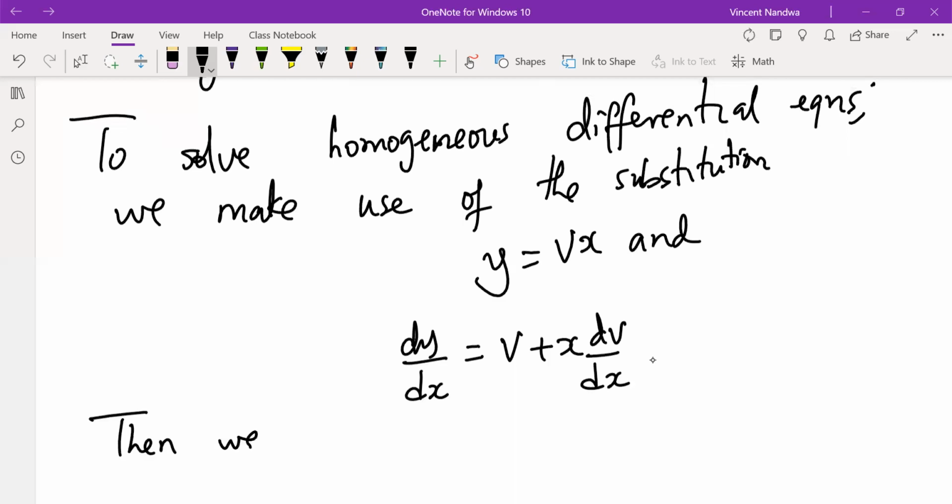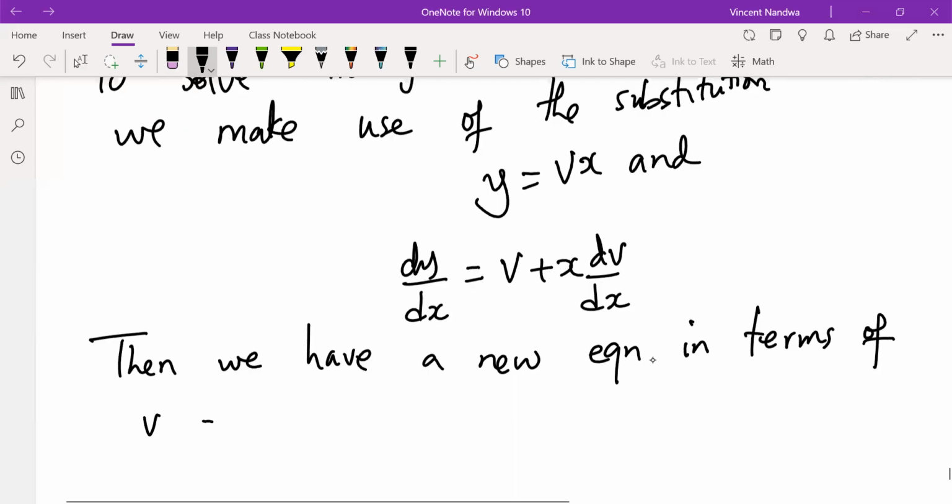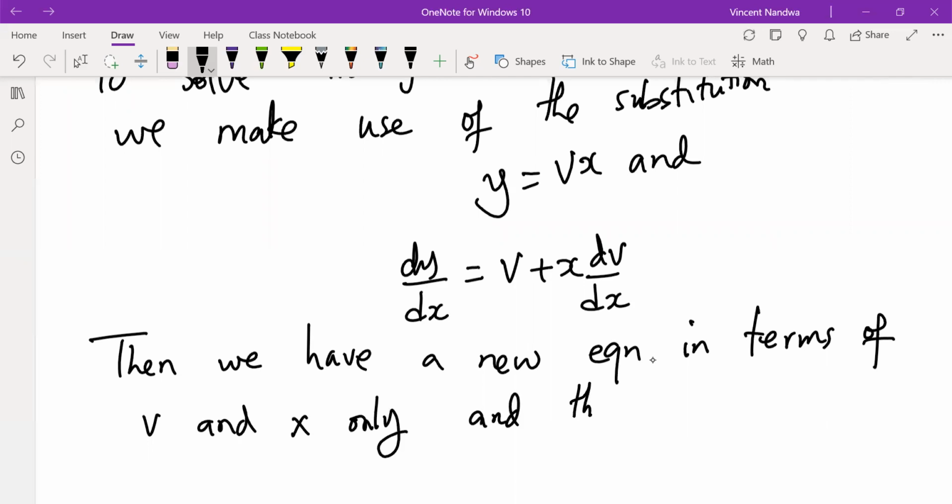Then we have a new equation in terms of v and x only, and this is then solved by method of separation of variables.